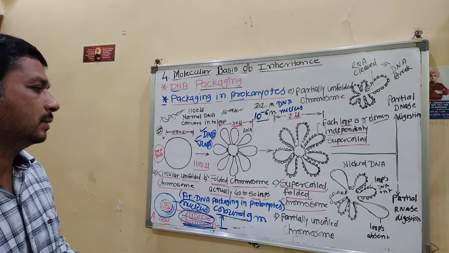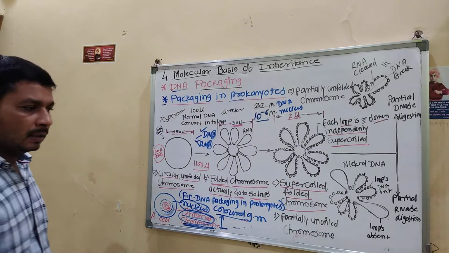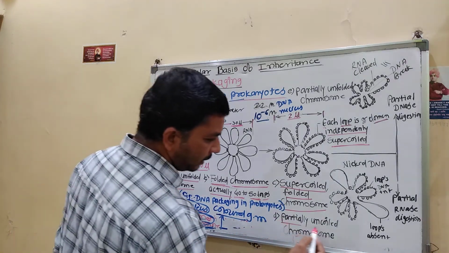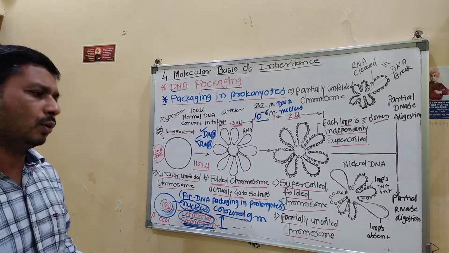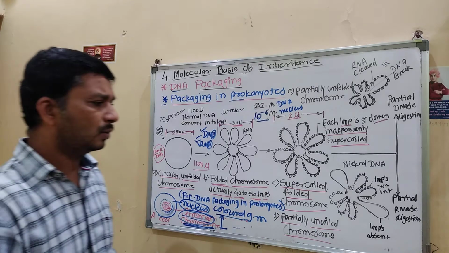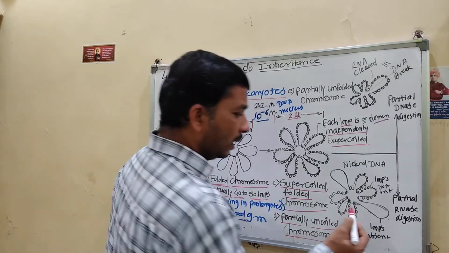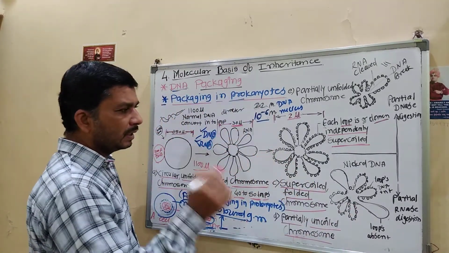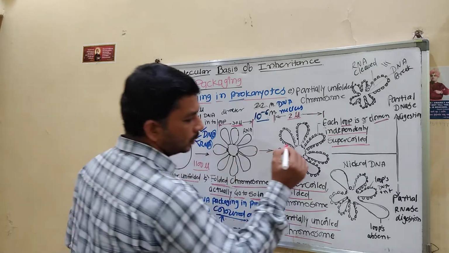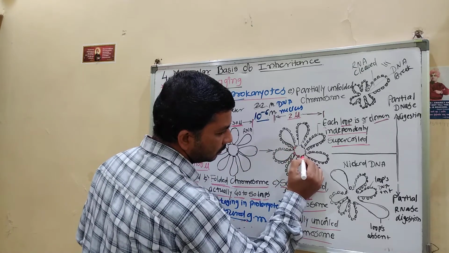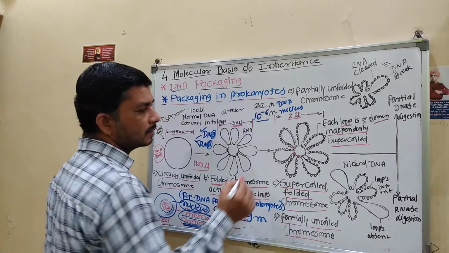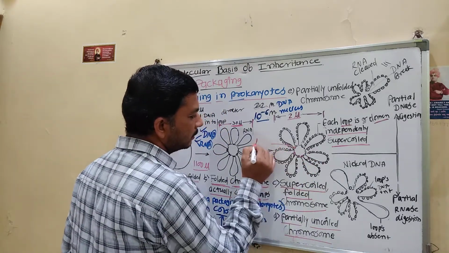Then here we found a partially uncoiled chromosome. What is that partially uncoiled chromosome? One thing I want to tell you is that here we found certain characters present, and those are the DNA.